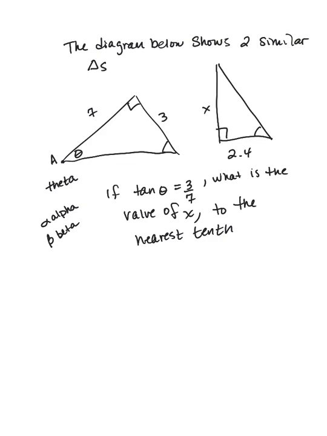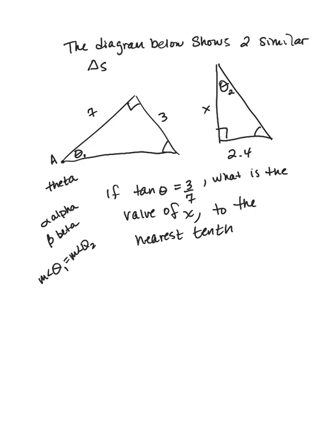These are similar triangles. I want to find x, right? So let's call this theta, since they're congruent. We'll call this theta sub 1, theta sub 2. Theta sub 1 is equal to theta sub 2. The measure of angle theta sub 1 is equal to the measure of angle theta sub 2.